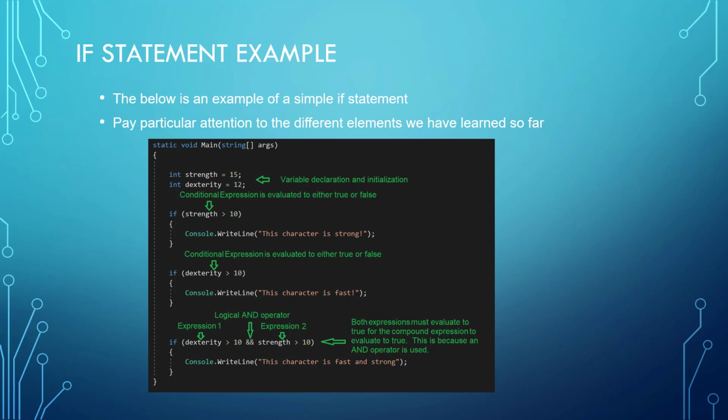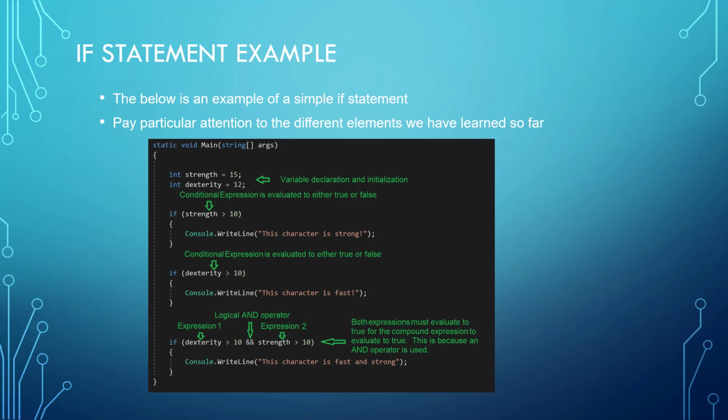And so since the compound expression will evaluate as true, then the if statement will allow access into its block of statements, and we would see "This character is fast and strong" appear on our console window.